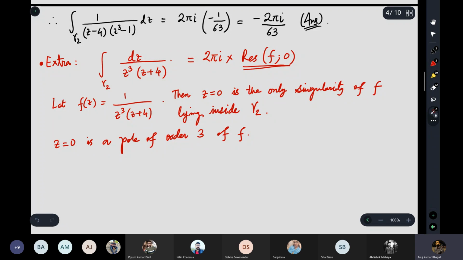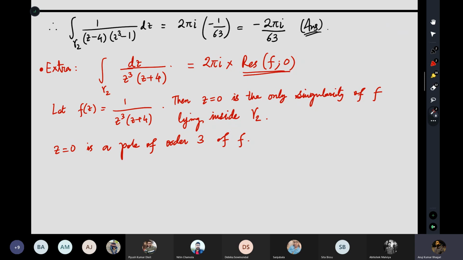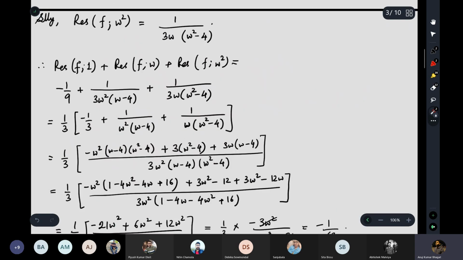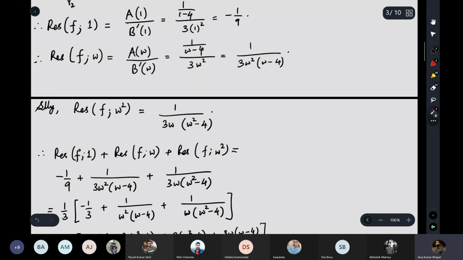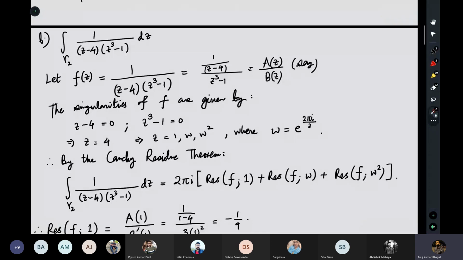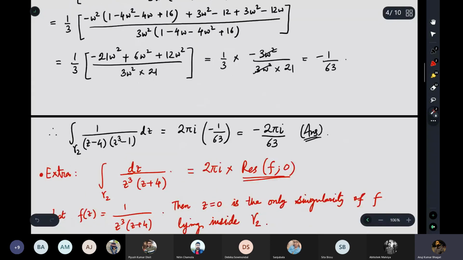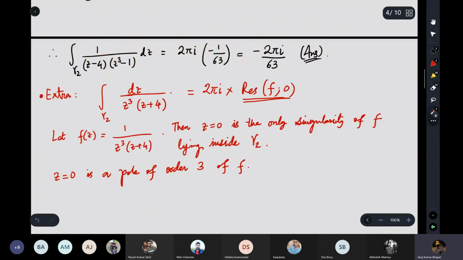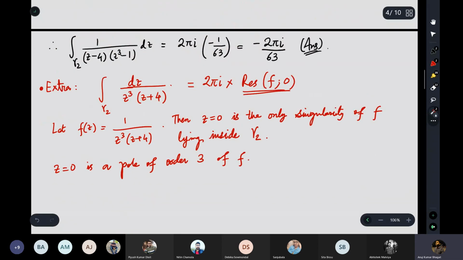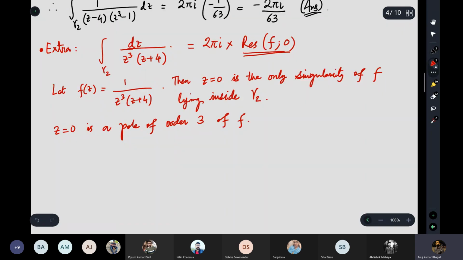In the previous questions, whichever question I took, like the first one, the poles were simple poles. But the question which I have taken here has a pole of order 3. So how will I calculate the residue therefore?